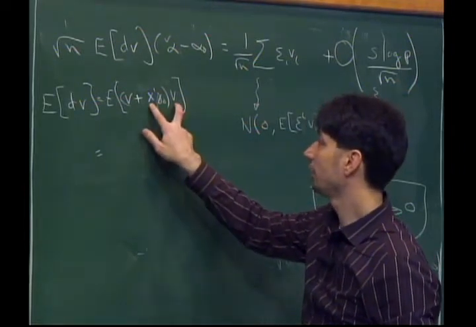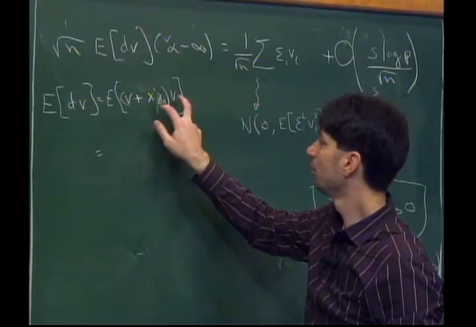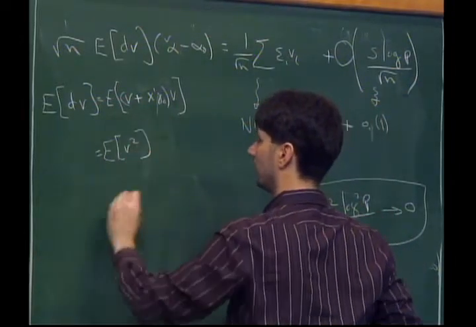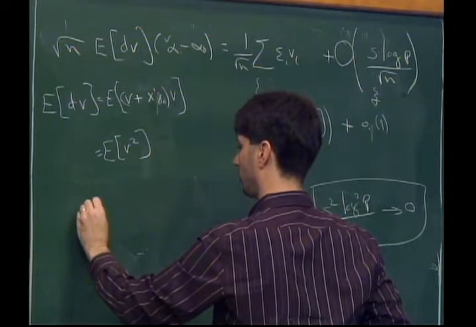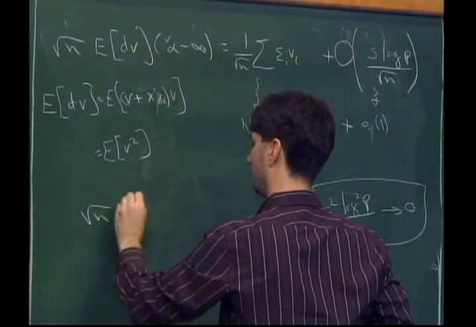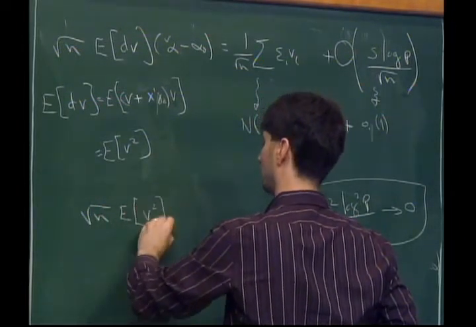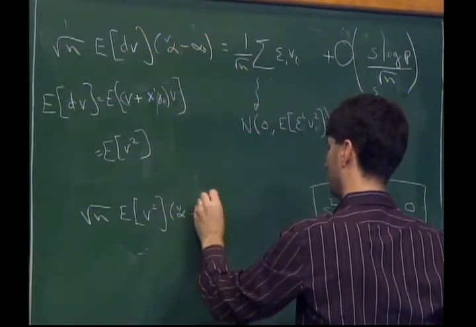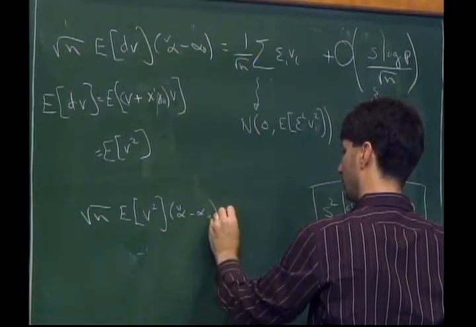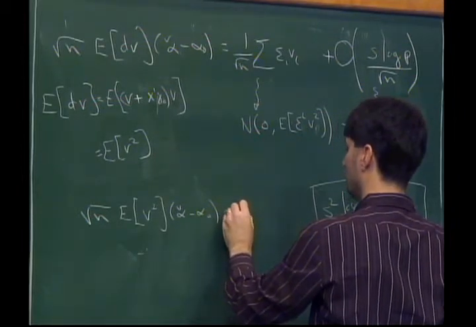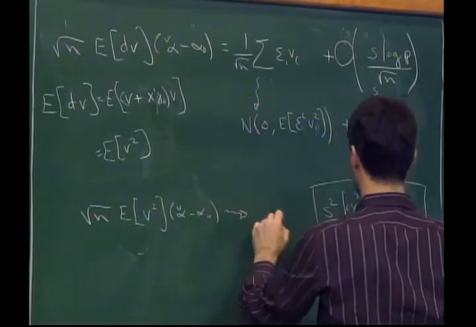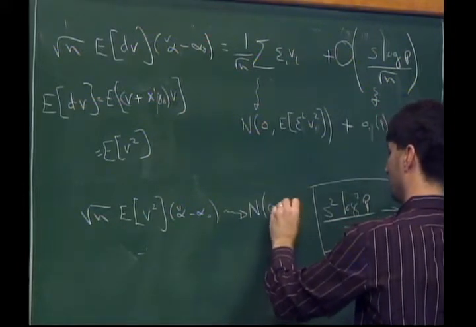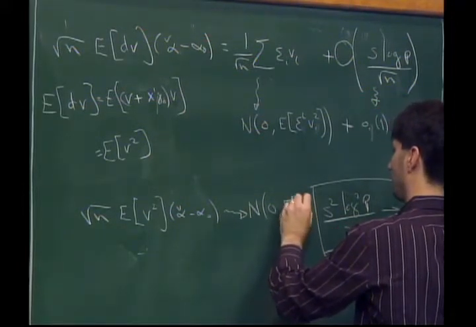So the expectation of this term is going to be 0, and we get expectation of v square. So we get square root n expectation of v square times alpha check minus alpha naught converging essentially weakly to this normal 0 value.